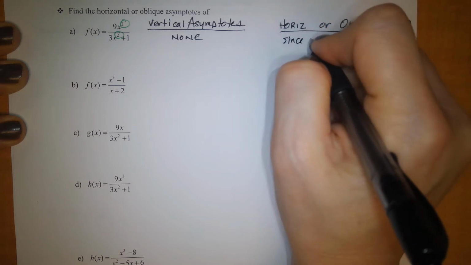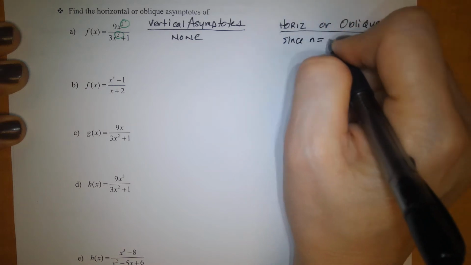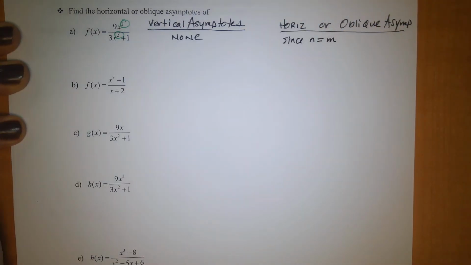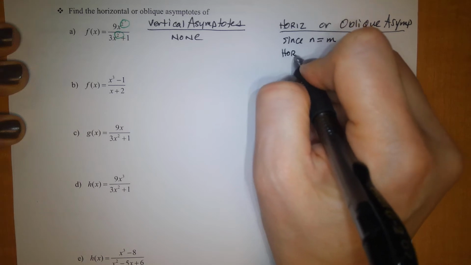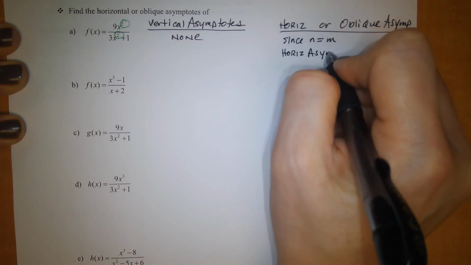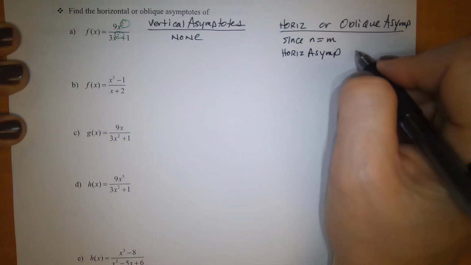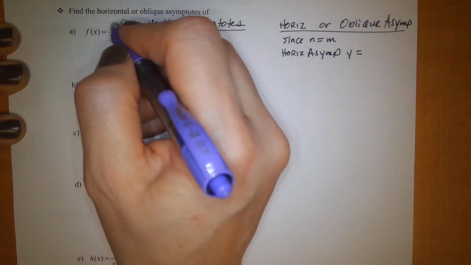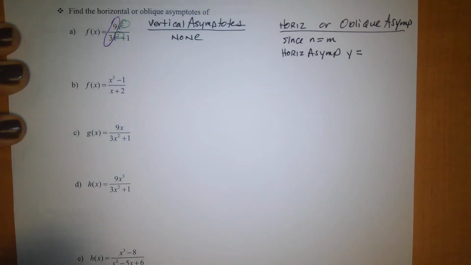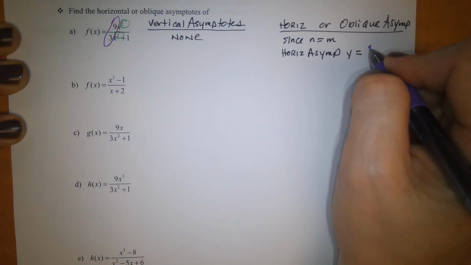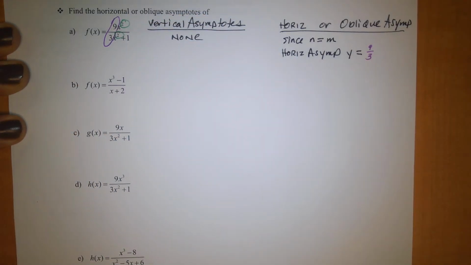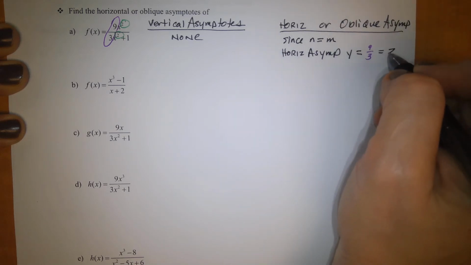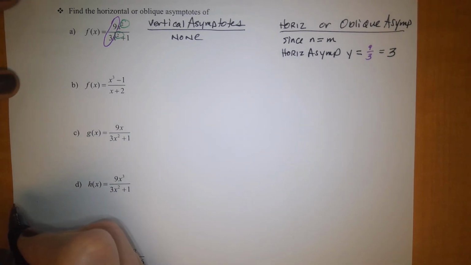Since the exponent of the top equals the exponent of the bottom, that means that we have a horizontal asymptote located at y equals the division of the coefficients. So 9 divided by 3. So we're going to have a horizontal asymptote at y equals 3.